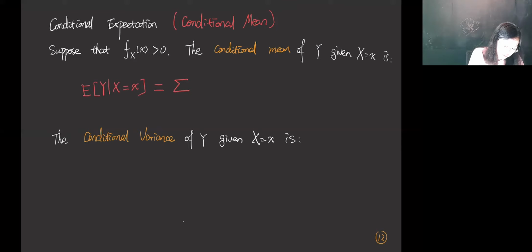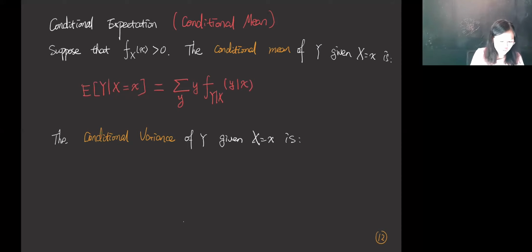That is the weighted average of all the y values with the weight given by the probability mass function. And here, we still consider a weighted average of all the y values. The probability mass function is the conditional probability mass function of y given x equals little x. So that is the definition of conditional mean.